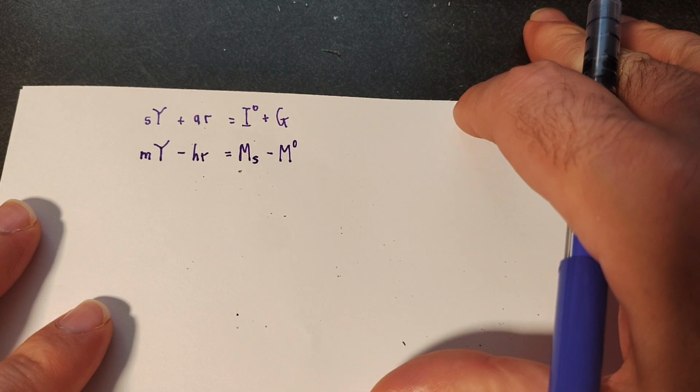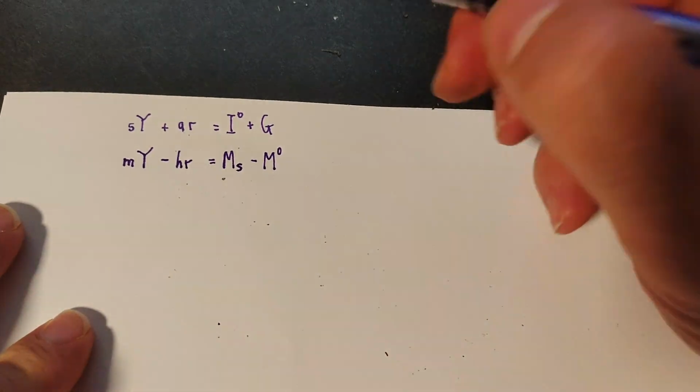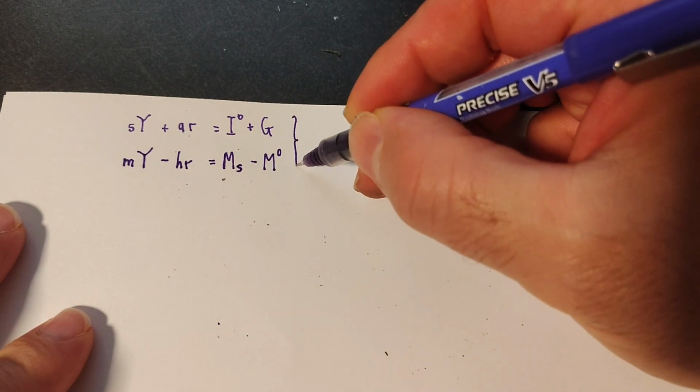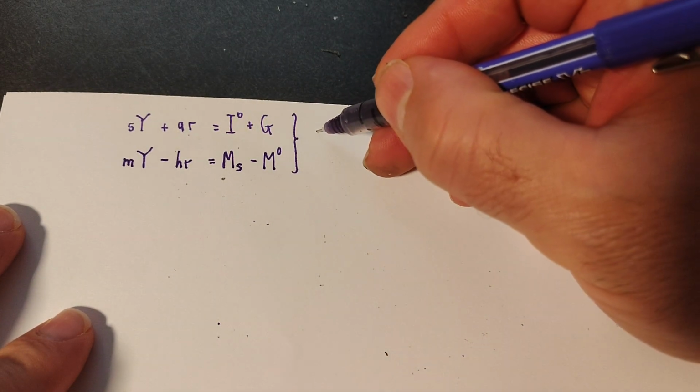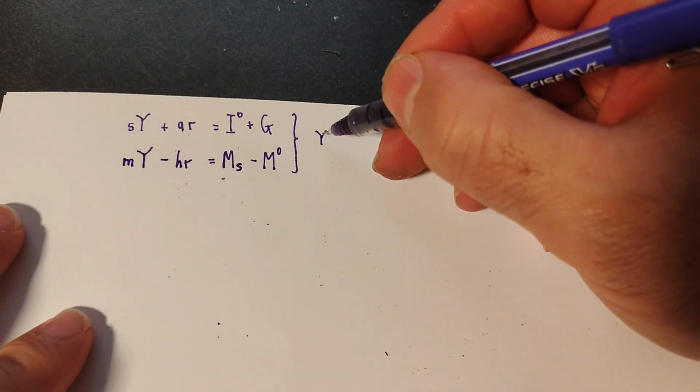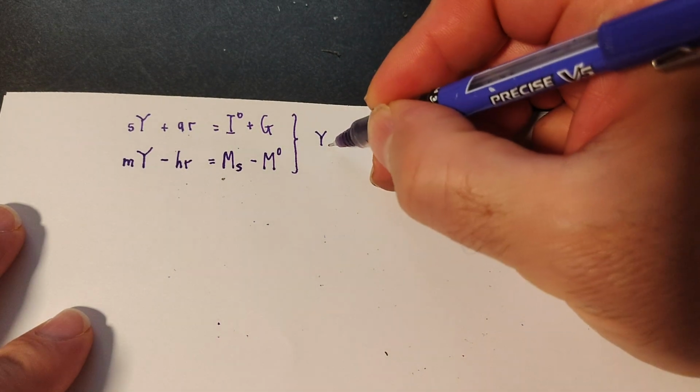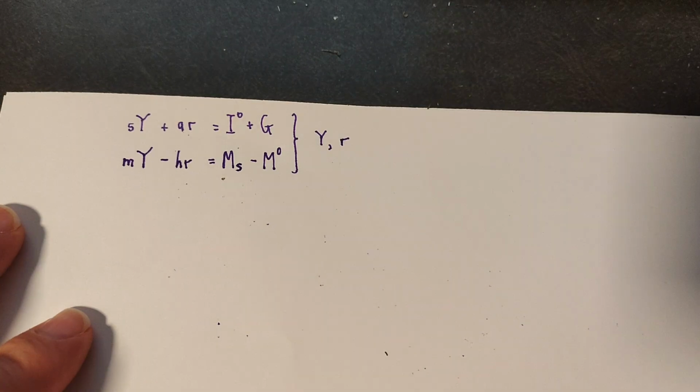And so what we have are two endogenous variables here. It's Y, or output, or demand, if you want to call it that, and the interest rate R.